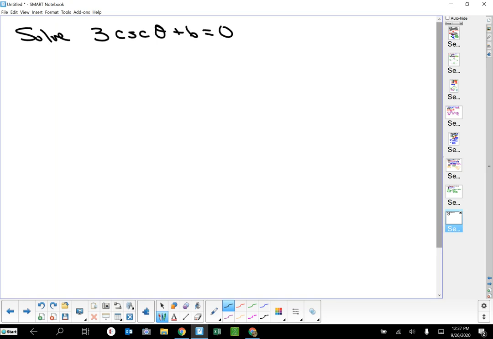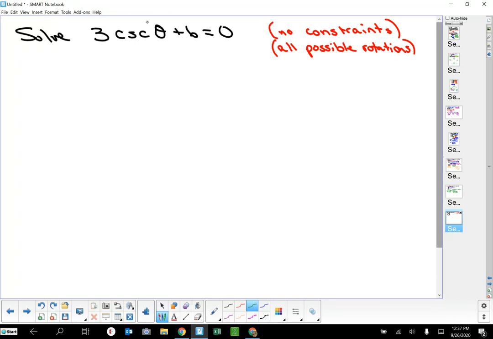And it does not give any constraints. So this is just a note from me. There's no constraints here, which means we're dealing with all possible rotations. Okay. And let's go ahead and solve.